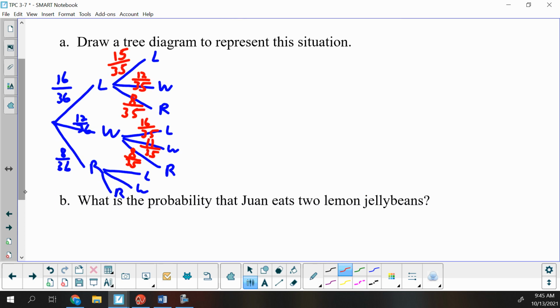Then doing a similar idea for the last one, I'm going to extend my branches into the other question just so I have a little more room. So this was lemon, watermelon, raspberry. Raspberry followed by lemon, we should still have all 16, but 35 total left. All 12, 35 total left. And then the raspberry's missing one, and there's 35 left.